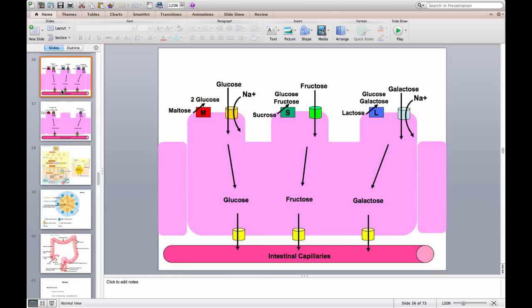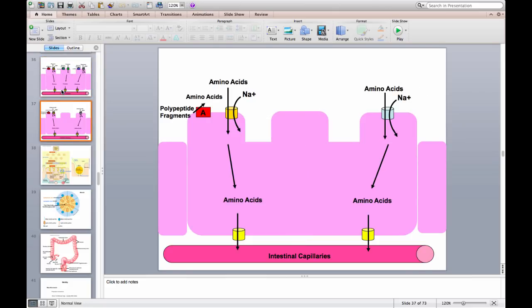Maltose is basically two glucose molecules attached to each other. Sucrose is a glucose and a fructose, and lactose is a glucose and a galactose. Okay? So those enzymes break down those disaccharides and liberate the monosaccharides, and then they enter the cell and get absorbed. Okay?